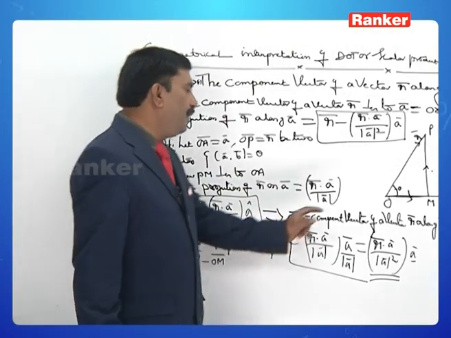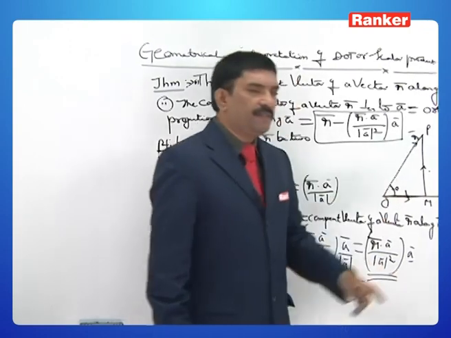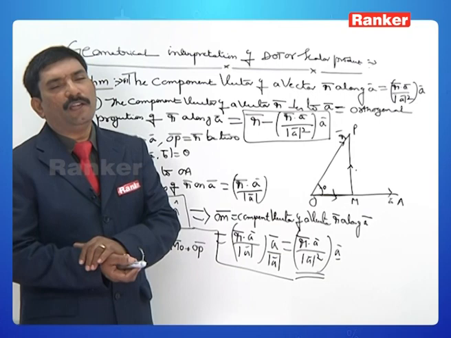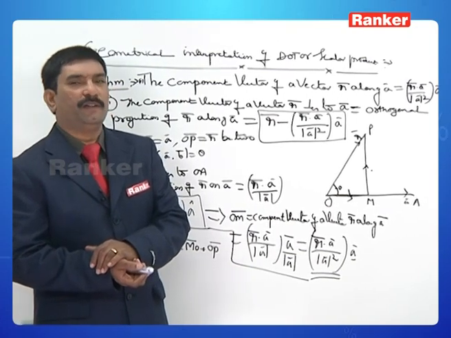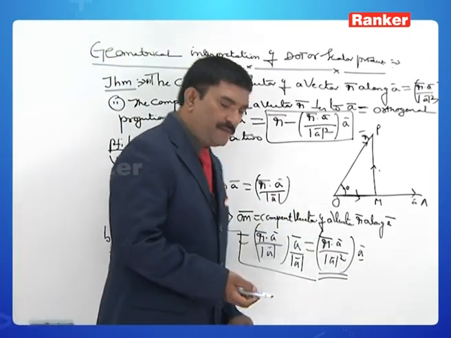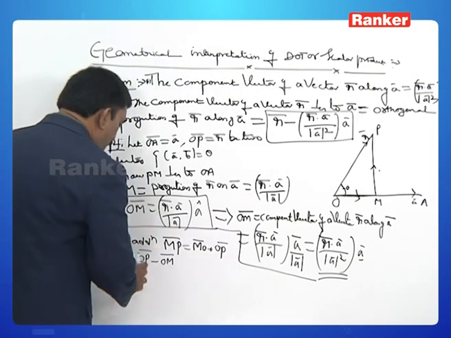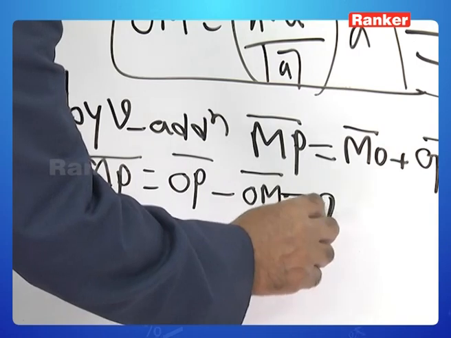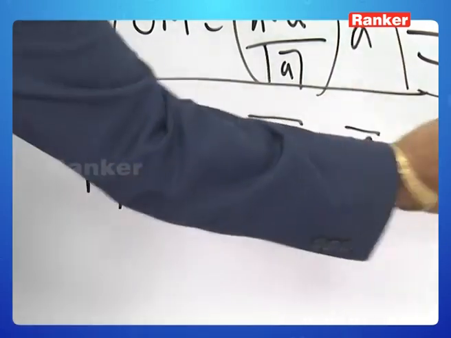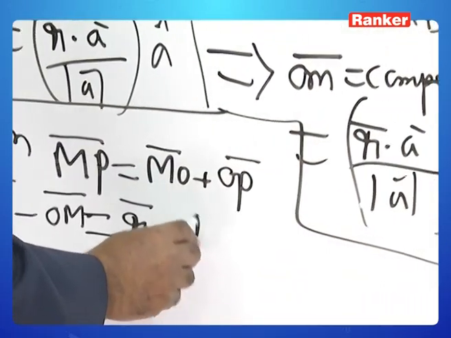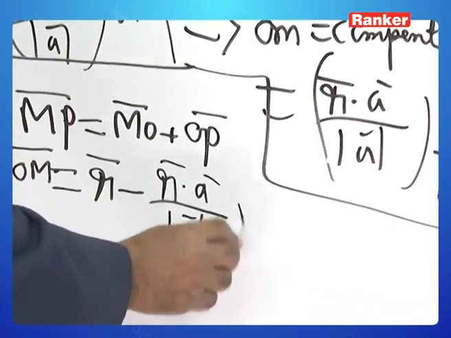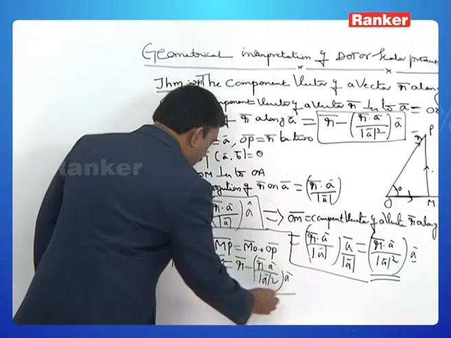In vector addition, the terminal point of the first vector must coincide with the initial point of the second vector. We don't have MO, we have OM bar, so change the direction. OP bar is nothing but R bar, and OM bar we found already.